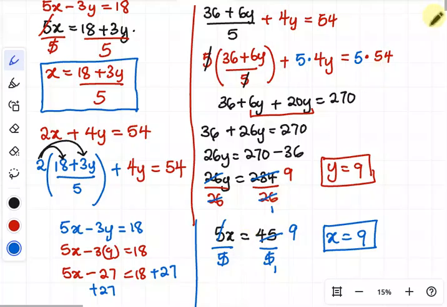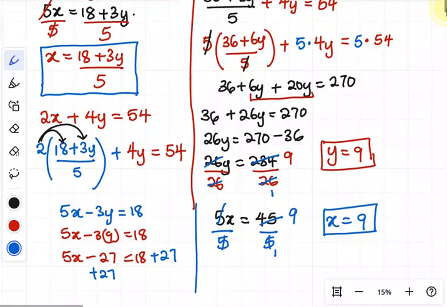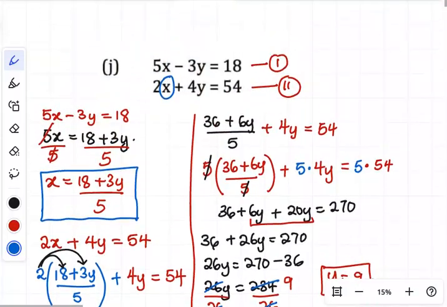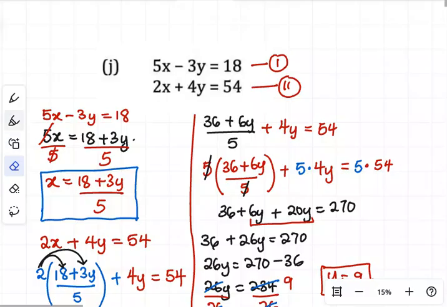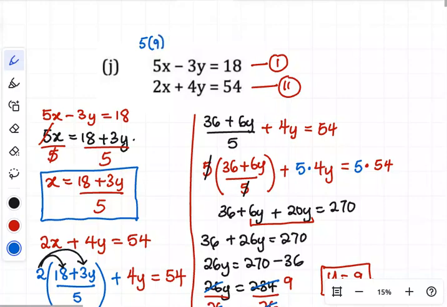If I plug these two values into either of the equations above, I should get the same answer. For the first one, let me use equation 1. So 5 times 9, then minus 3 times 9, since x and y are 9.